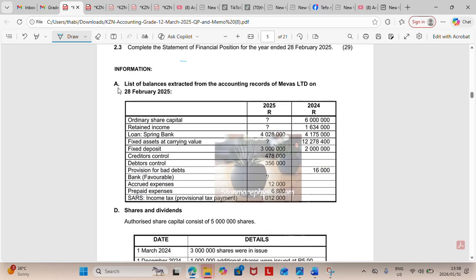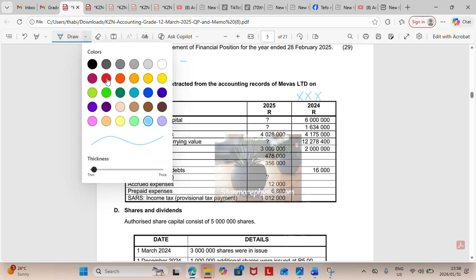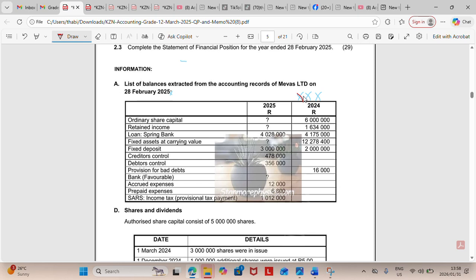We have information A here where we are given a list of balances extracted from the accounting records of Marvus Ltd. As you can see, we have opening balances here, and then we have balances at the end of the year.